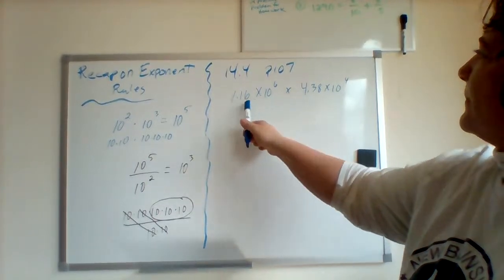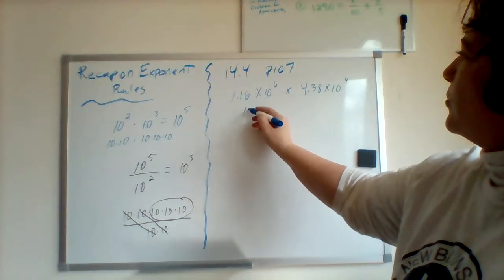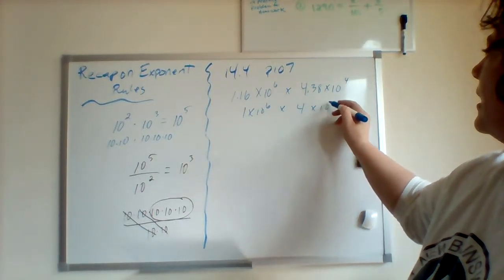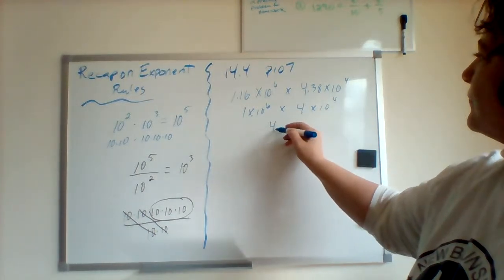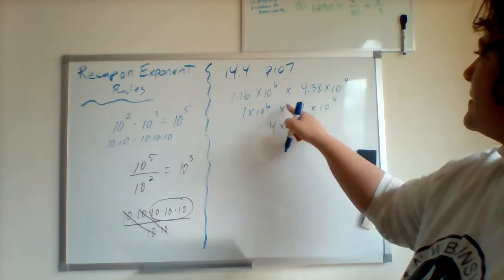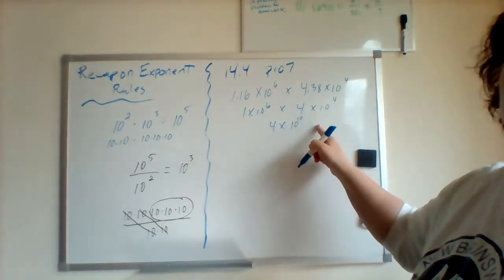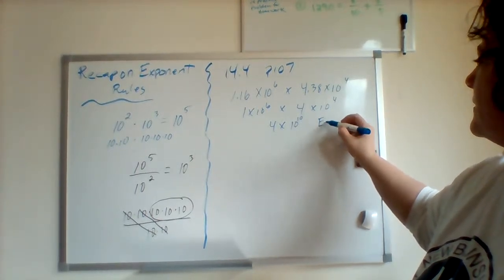If we were going to estimate, you could estimate it to 1 times 10 to the 6th and 4 times 10 to the 4th. What's 1 times 4? Same base, add the exponents. Okay, that's the total for enlisted. Total money for enlisted.